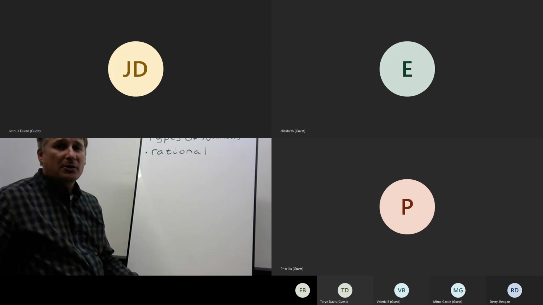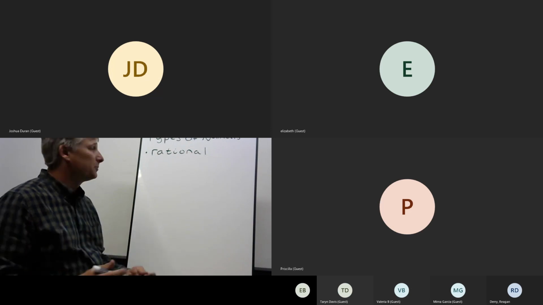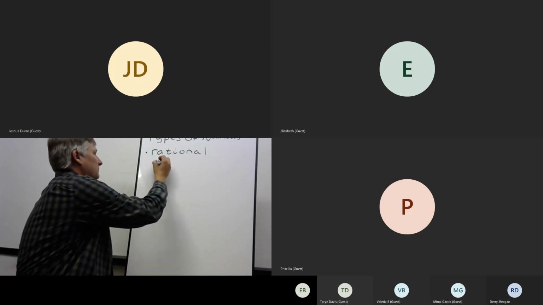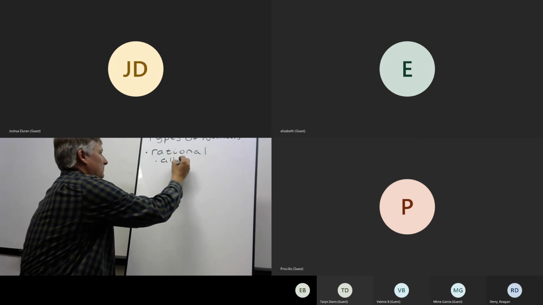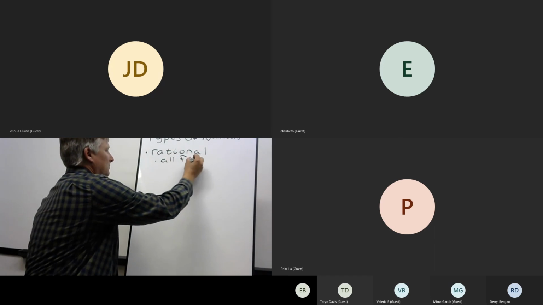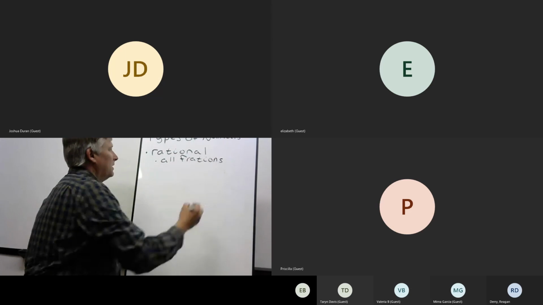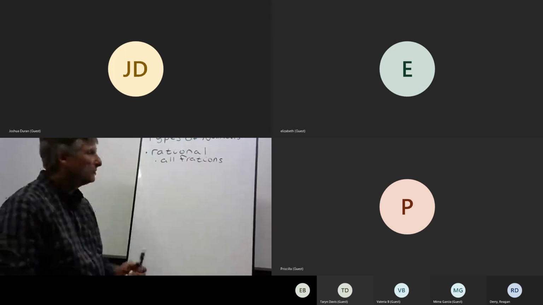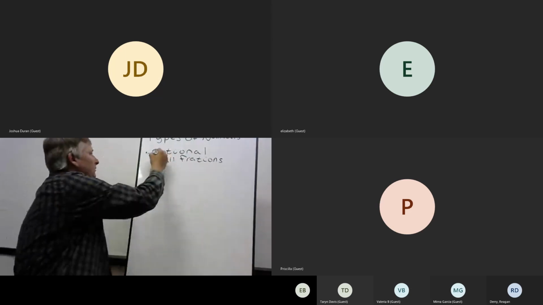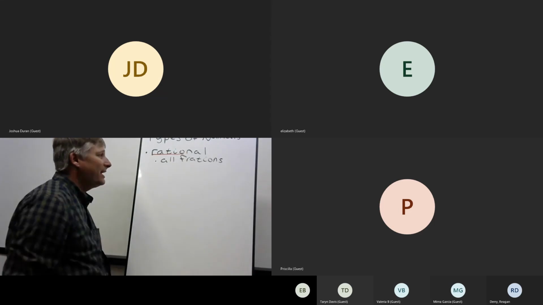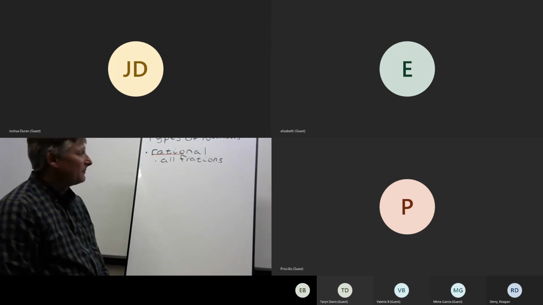These are all the possible fractions and ratios. You can think of fractions or rationals as containing that ratio.